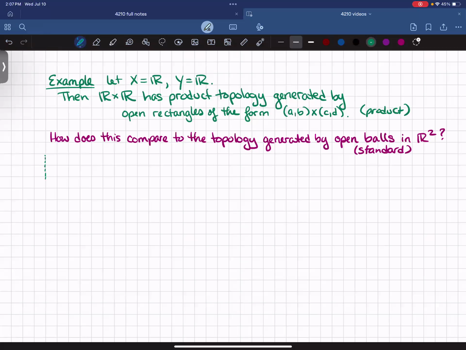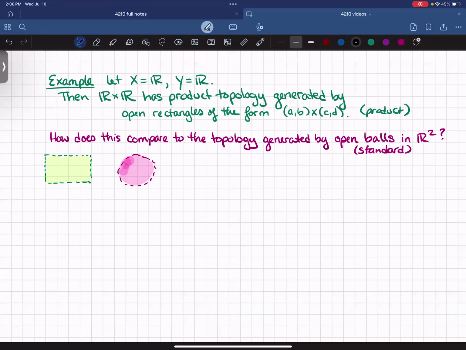Let me draw a couple of pictures here. So the open rectangles look like this, and the open balls look like this. An open rectangle is a rectangle with dotted edges all the way around it. And an open ball is a circle, not including its outside edge.